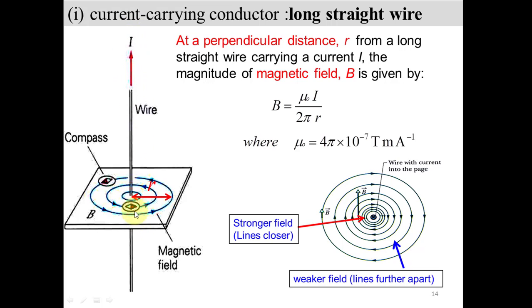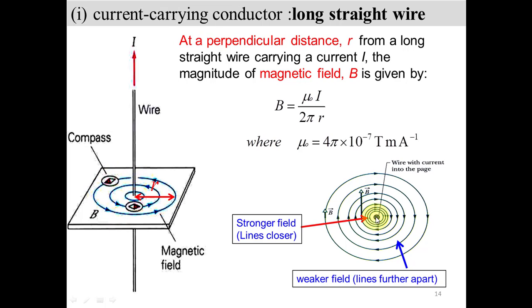In order for us to determine the magnetic field, we can use the right hand grip rule. This is the direction of your thumb, and this is the direction of your curled fingers. This is from the upper view.